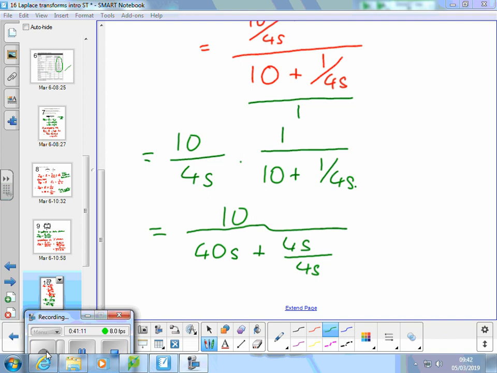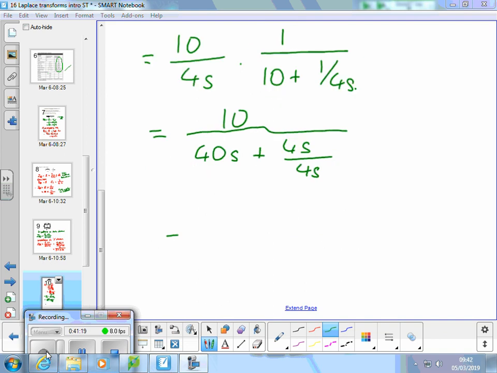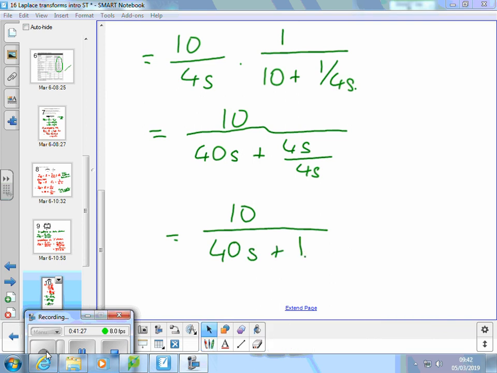Happy with that? Equals 10 over 40s plus 1, since 4s divided by 4s is 1.